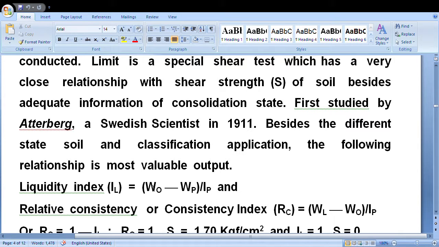The plasticity index is WL minus WP, and the liquidity index is soil moisture minus plastic limit, divided by plasticity index. Another important one is relative consistency or consistency index, IC or RC: liquid limit minus soil moisture, divided by IP.